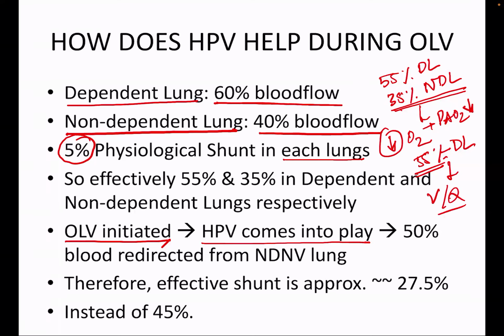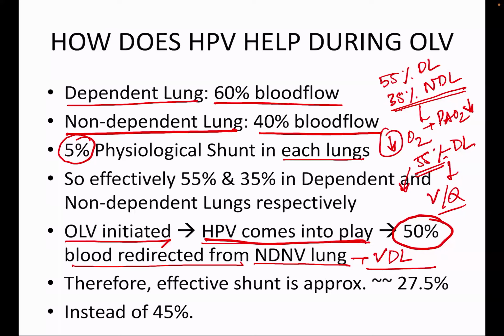Because of HPV, this percentage will starkly reduce. I'm saying how. Because of HPV, approximately 50% of blood is redirected from the non-dependent, non-ventilated lung to the ventilated and dependent lung.